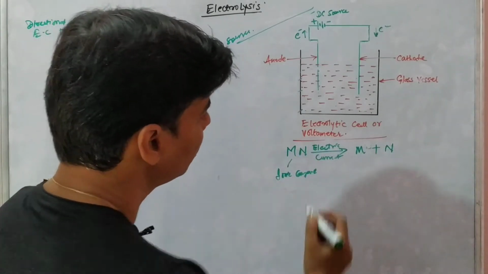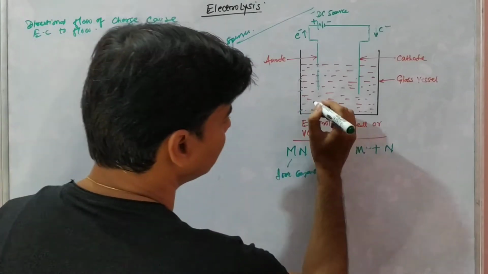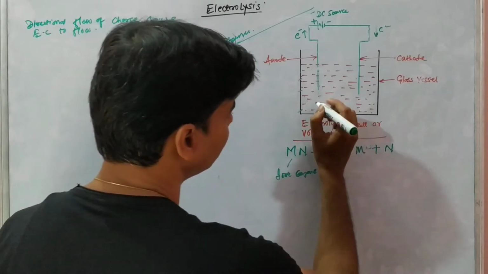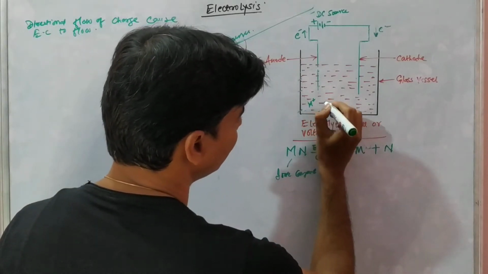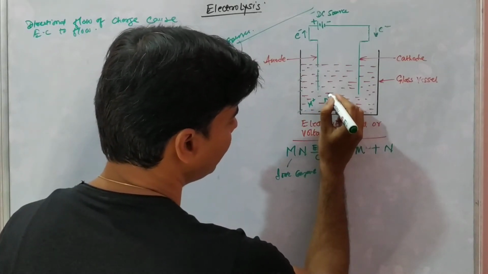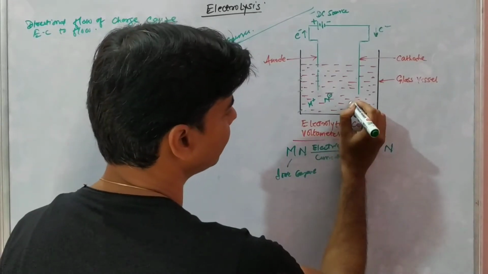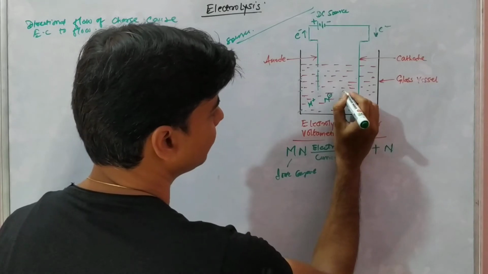And we know that if this is the solution of an ionic compound or in molten state, this would consist of M positive and N negative ions. Let's say this M is a metal positive and N is a non-metal negative, right?